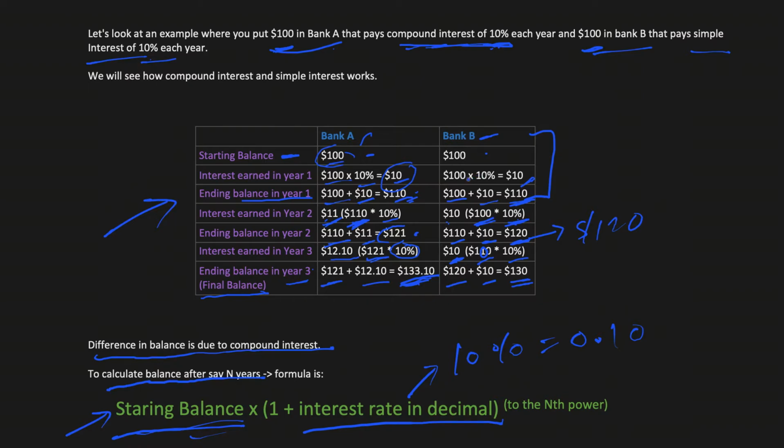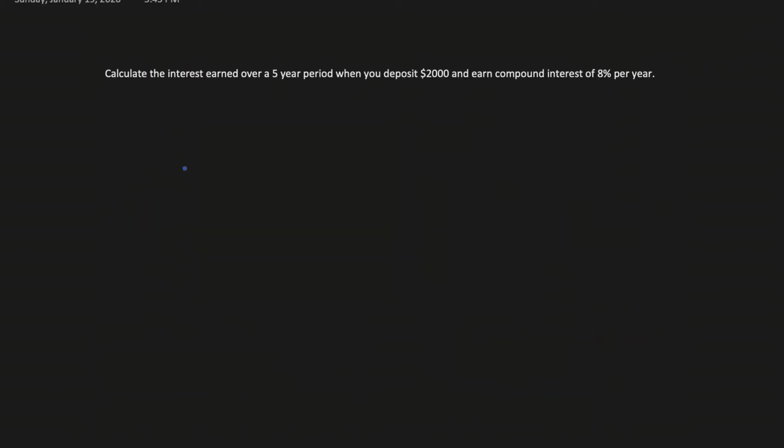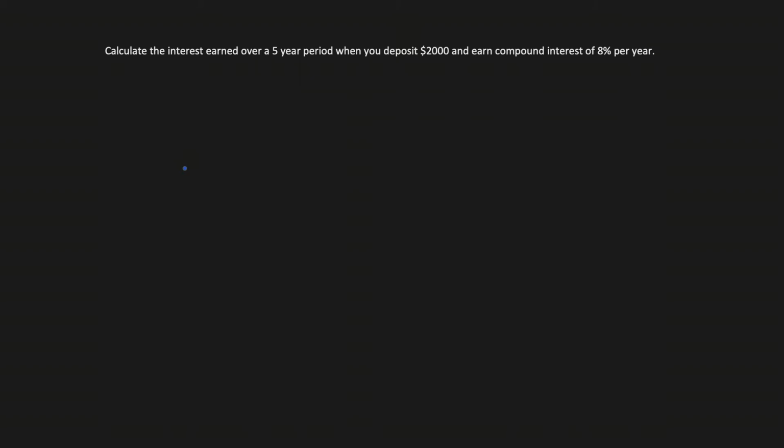Let's solve a couple more examples to get ourselves familiarized with compound interest. Great. So let's say we have to calculate the interest over a 5-year period when you deposit $2,000 and earn a compound interest of 8% per year. Now let's focus on what we have to calculate.